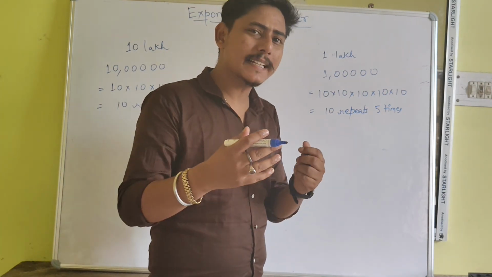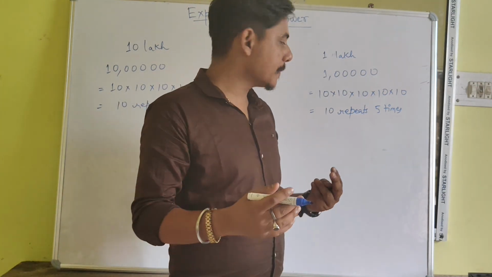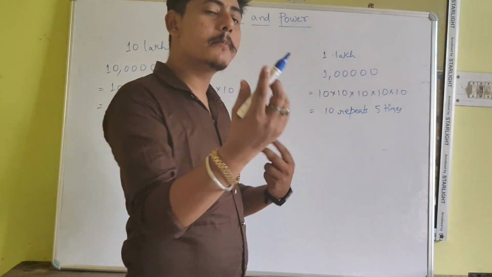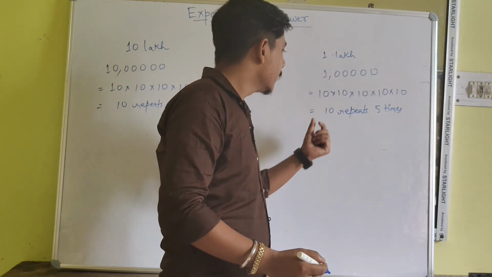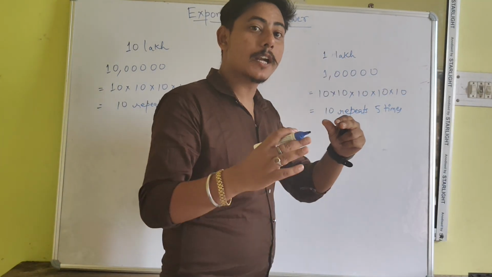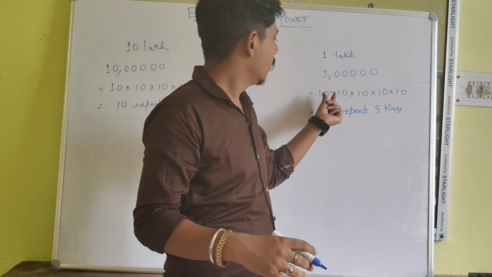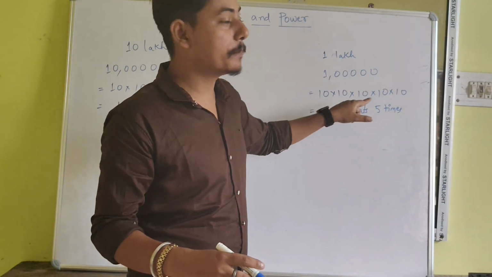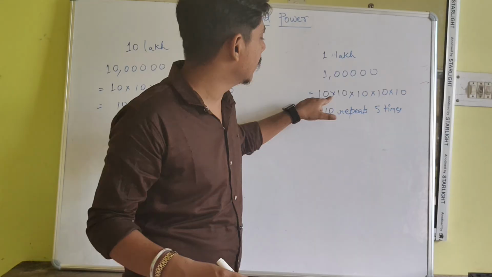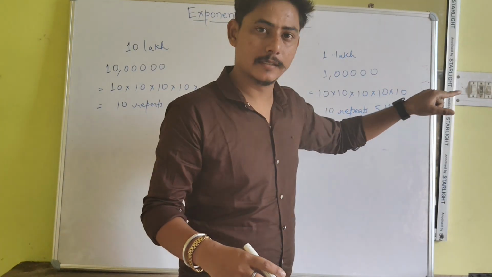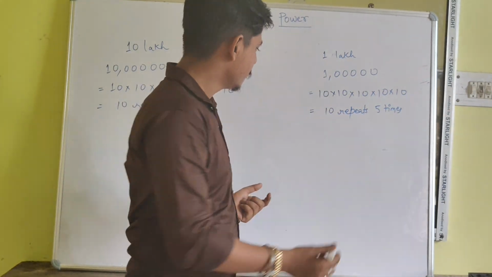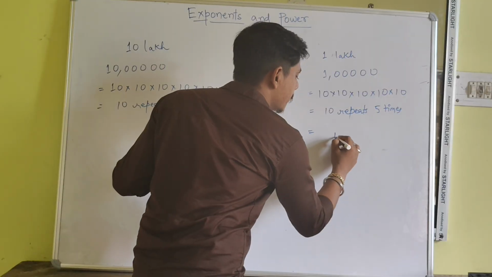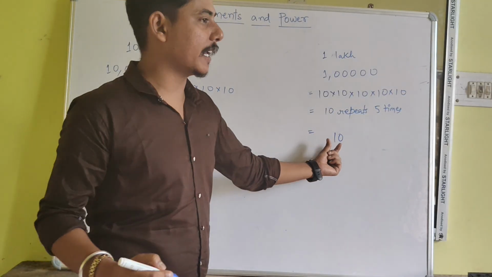And we have to make it in a simple way or with a simple tool. How can we make it in a simple way? The number which is repeated, that is 10, is repeated with respect to multiplication: 10, 10, 10, 10, 10. Which number is repeated? 10. We write it in the beginning, starting with 10.